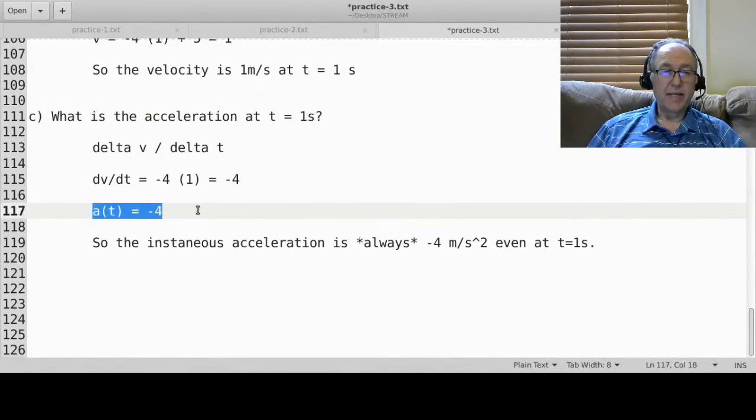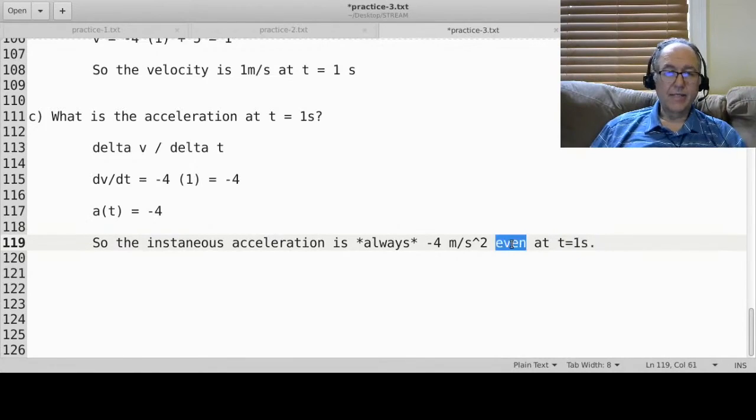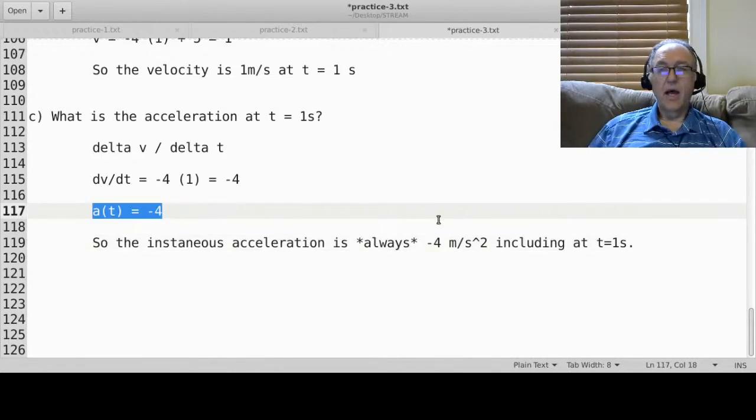Okay, and that tells me that the acceleration is a constant over time. So at all times, including at t equals 1 second, the acceleration is negative 4 meters per second squared.